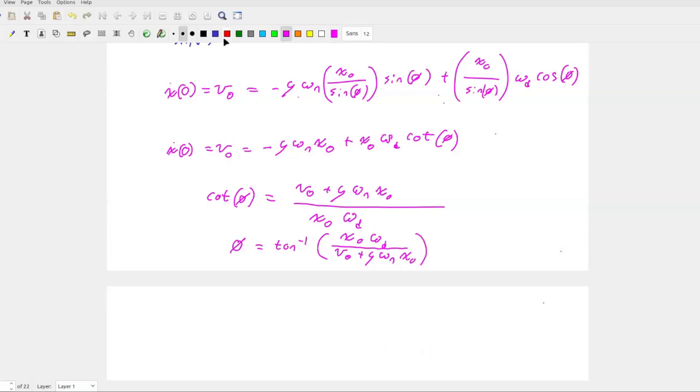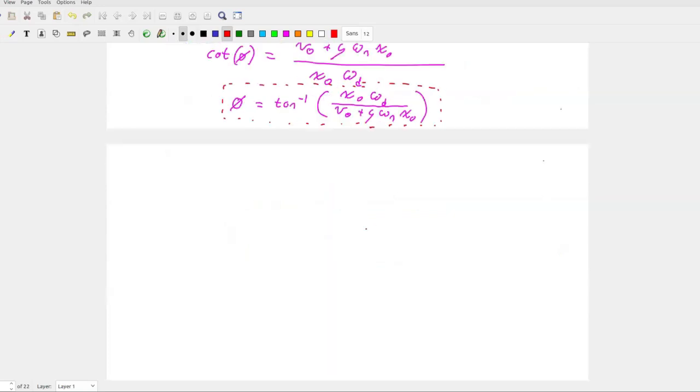And if you don't write much down, write that one down. Because that will get you your solution for an underdamped system.